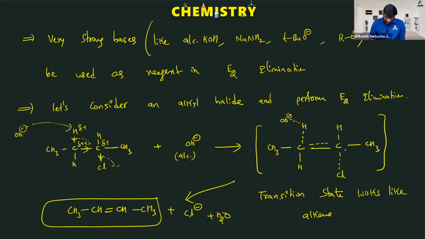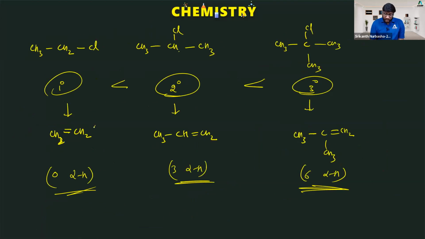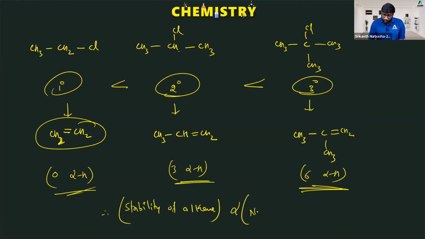Because the transition state looks like an alkene, I form the respective alkenes. So the stability of the alkene is directly proportional to the number of alpha hydrogens. Therefore, the E2 rate will be 3 degree greater than 2 degree greater than 1 degree.